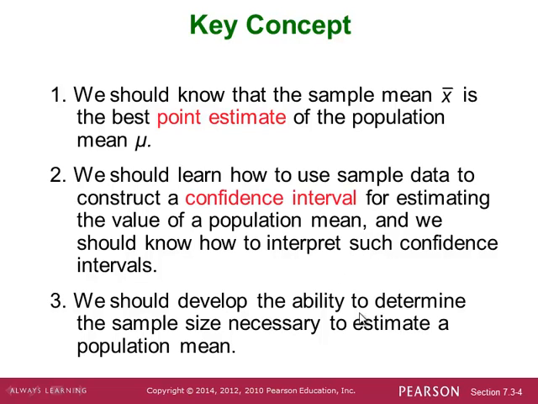And we should develop the ability to determine the sample size necessary to estimate a population mean. So if you remember what we talked about in this context from the population proportion, we'll see that is a similar calculation for the mean.